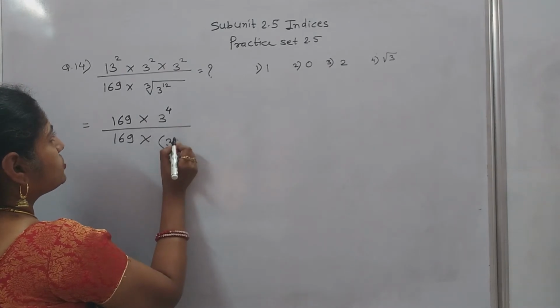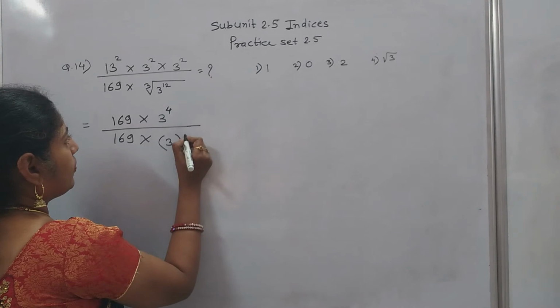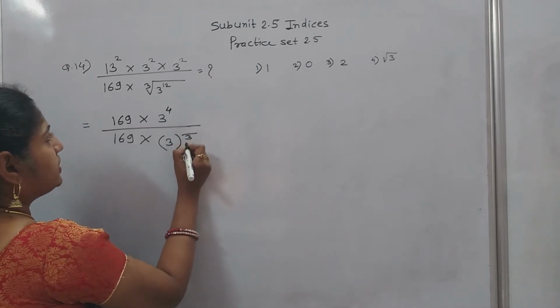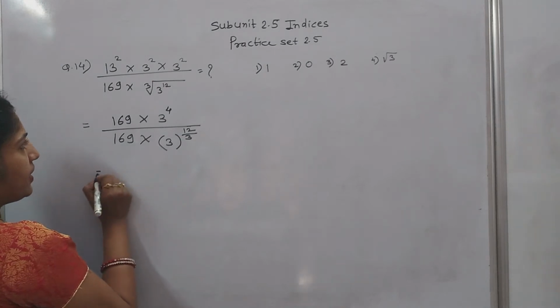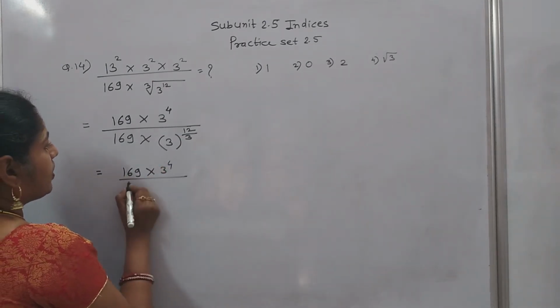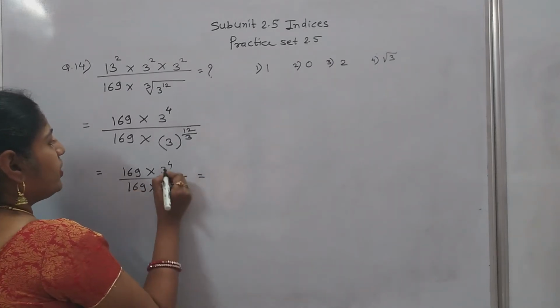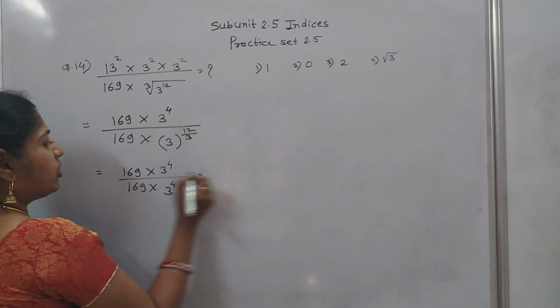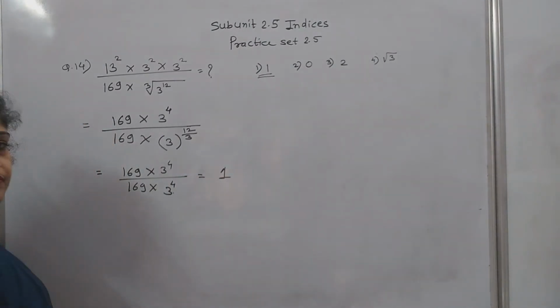Root means denominator 3 and power index 12, so 3 raised to 4. So 169 into 3 raised to 4 upon 169 into 3 raised to 4. Numerator and denominator are equal, so answer is 1, option number 1.